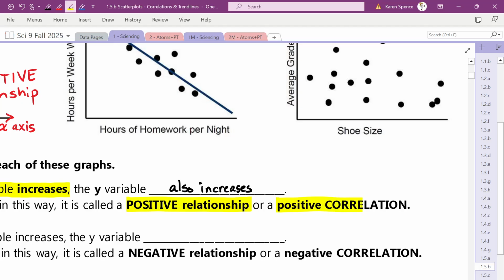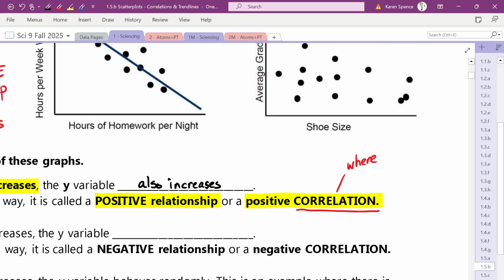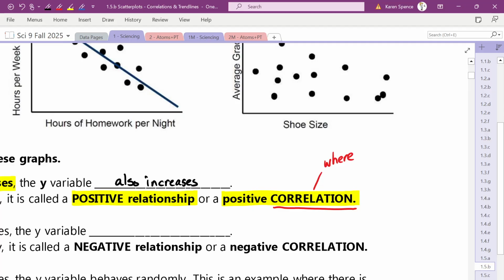correlation. Has anyone heard the word correlation before? Little bit? Okay, a correlation is where one thing affects another. Oh, actually, no. It's where two things move either in similar or opposite directions.